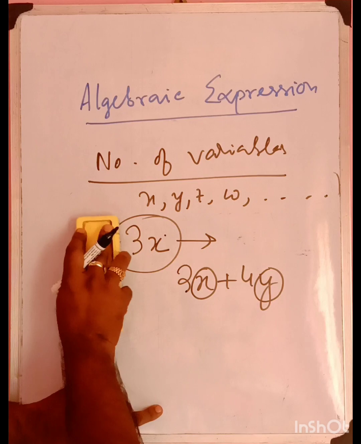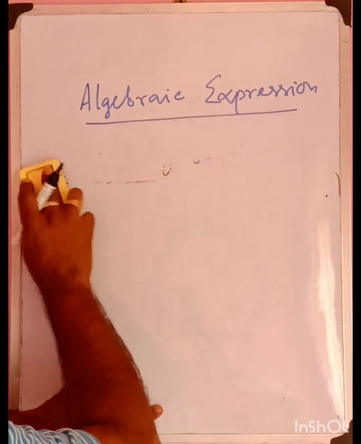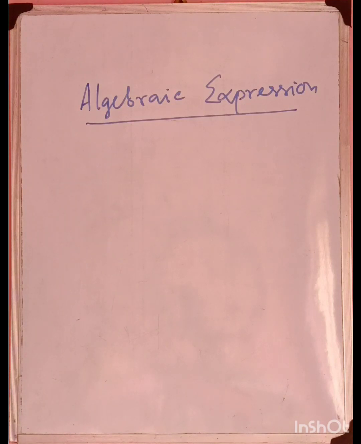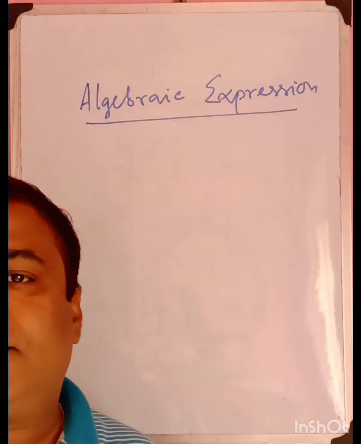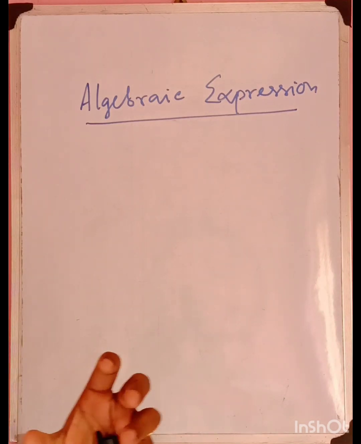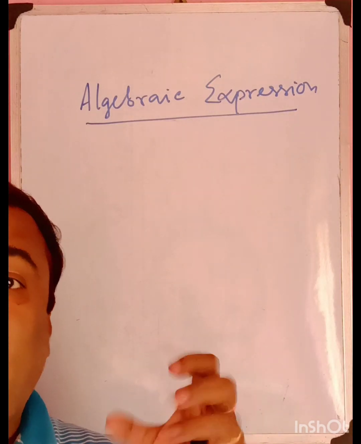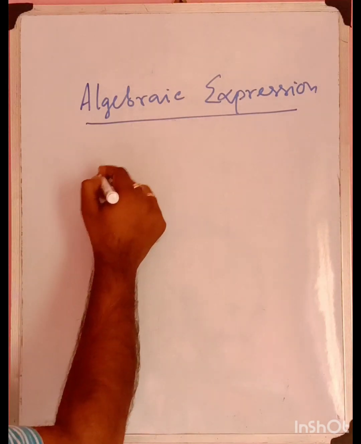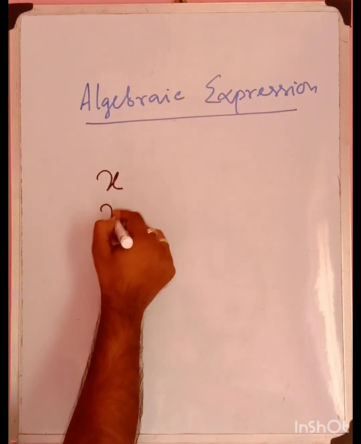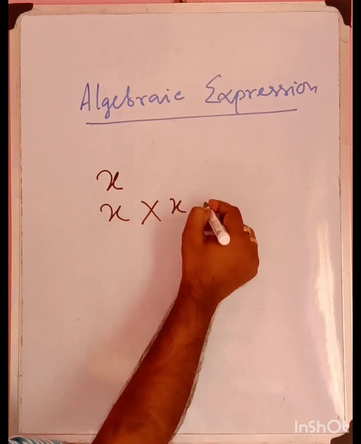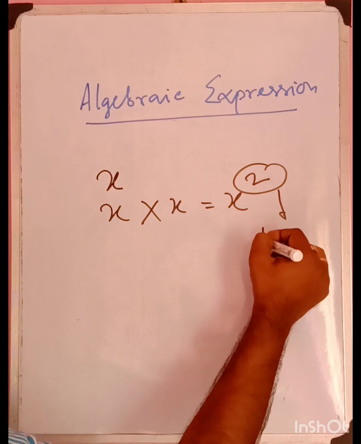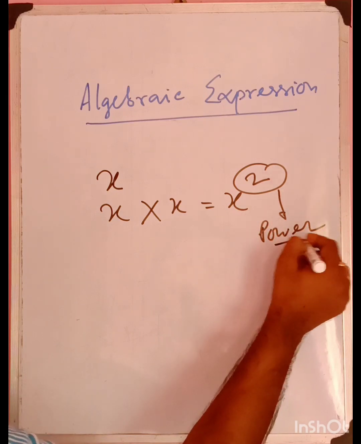Another interesting thing is that even if you have a single variable in an expression, there may be terms having different powers. What is power? Power means x into x equals to x square. This power is 2. Got it?